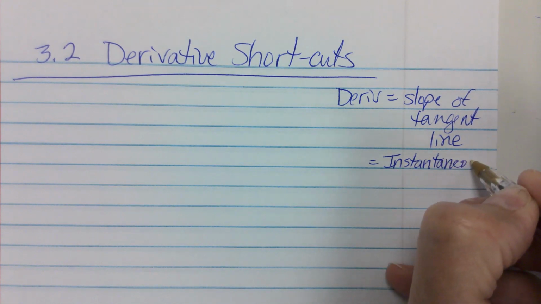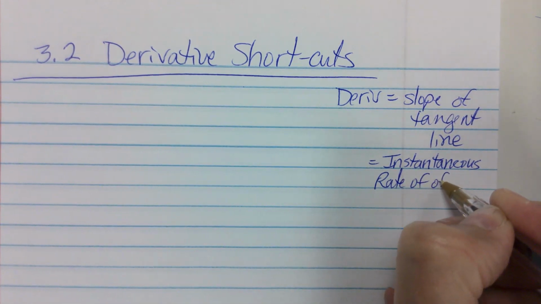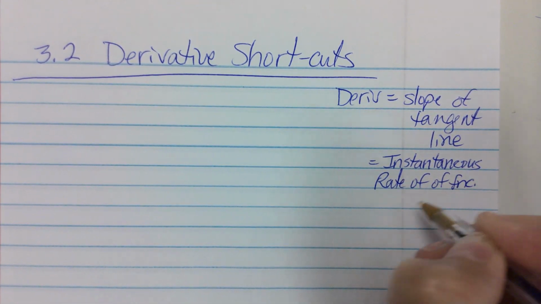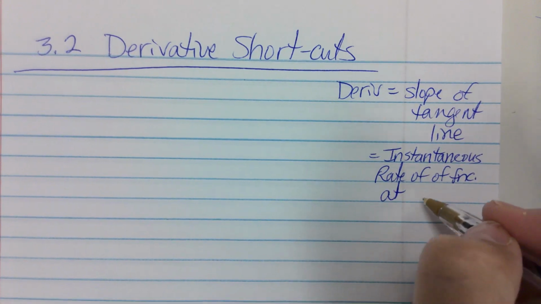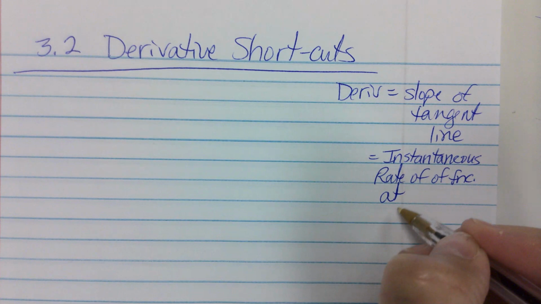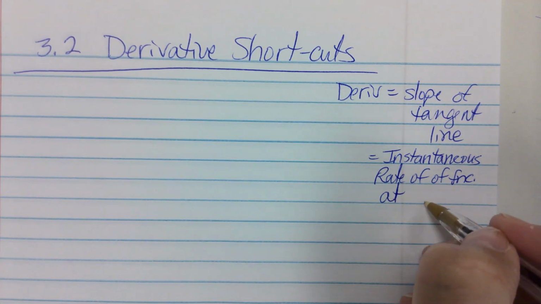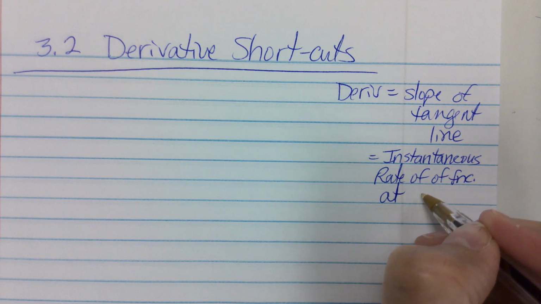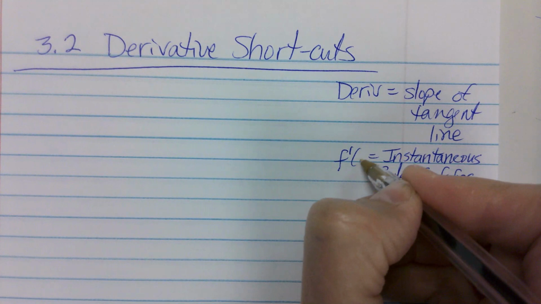Instantaneous rate of change of the function, right? That is the slope of the tangent line as well, right? But the instantaneous rate of change could be another way they would be asking you for the derivative at x equals whatever, right? F prime of a.